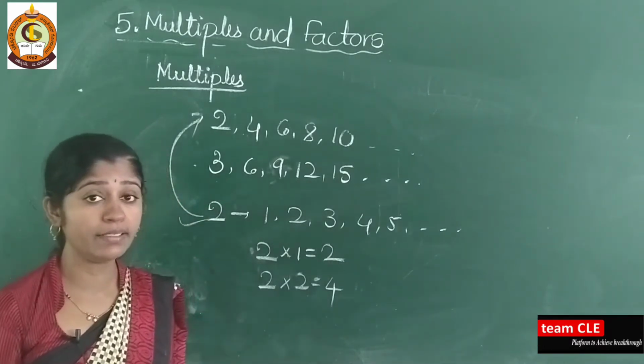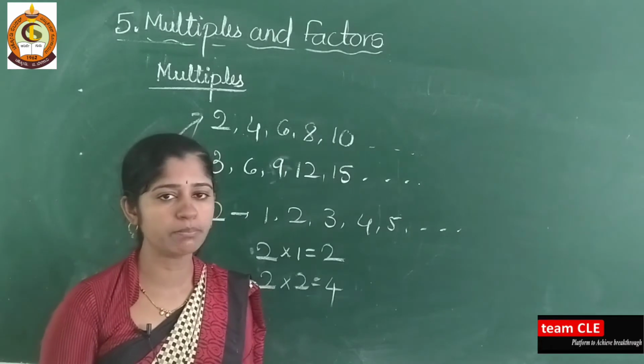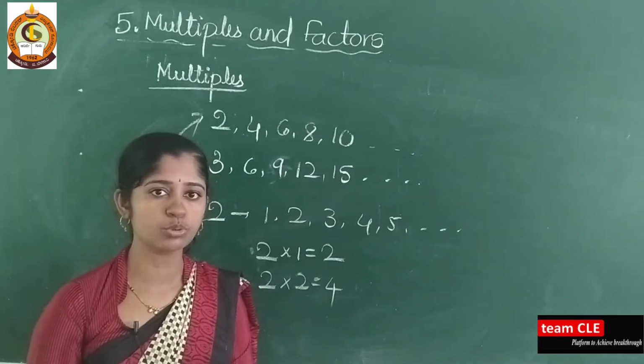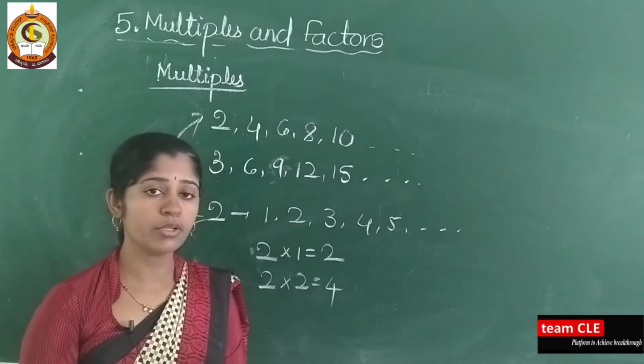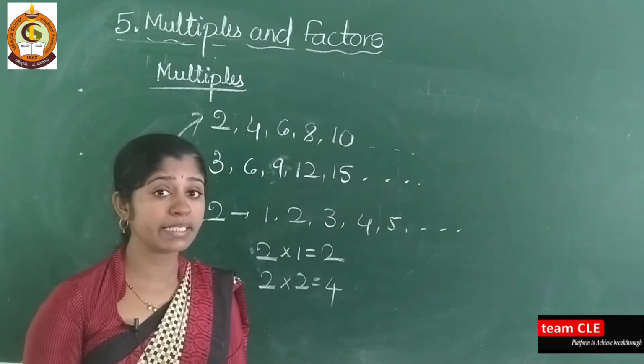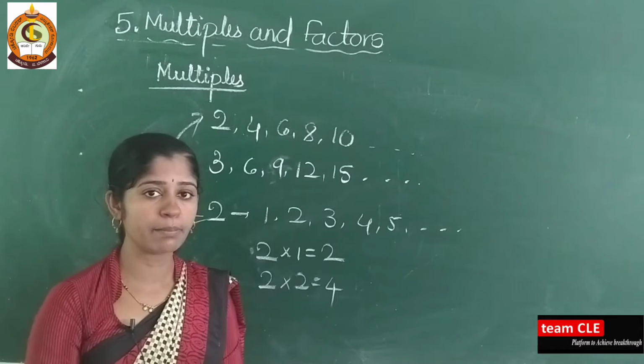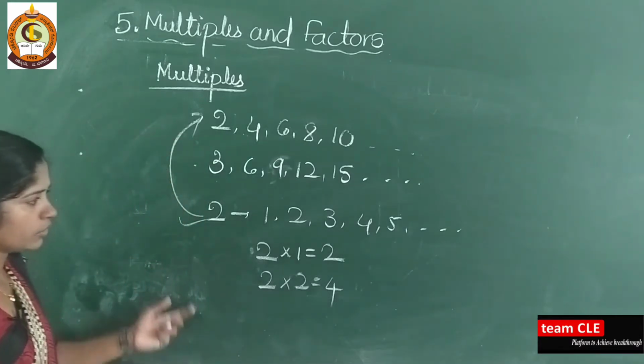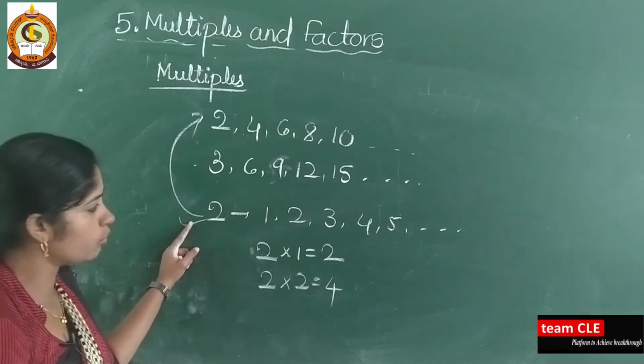On the other hand, you have to keep in mind that multiples means you have to write the tables. Already you know tables: 2 1s are 2, 2 2s are 4, 2 3s are 6. How are you getting all the tables? By multiplying with 1, 2, 3, 4, 5, 6, 7, 8, 9. So this is clear to you. What are multiples?